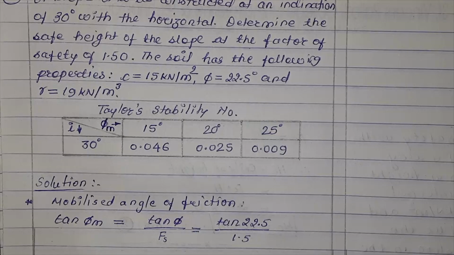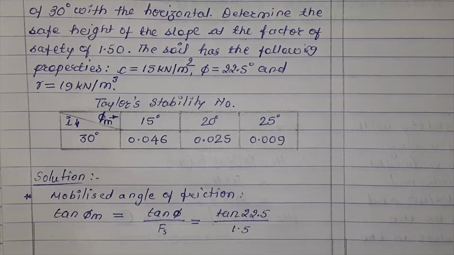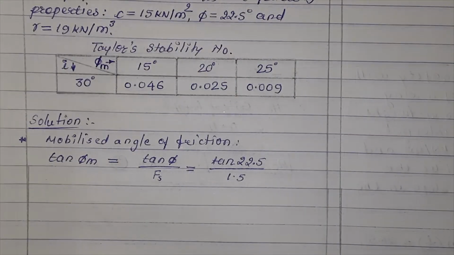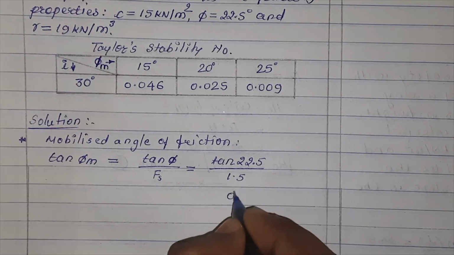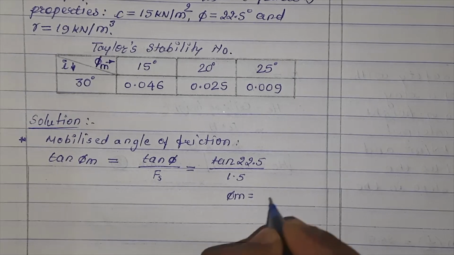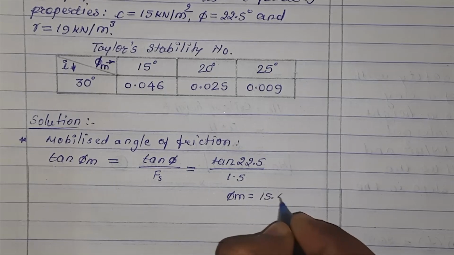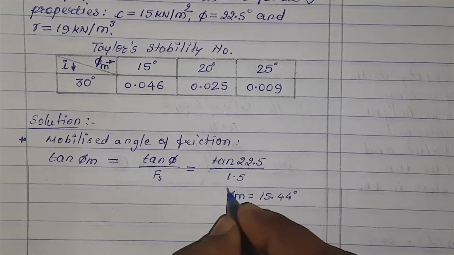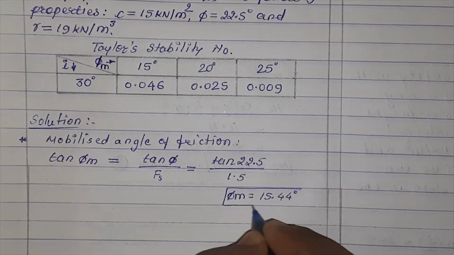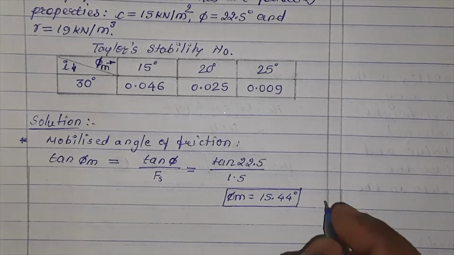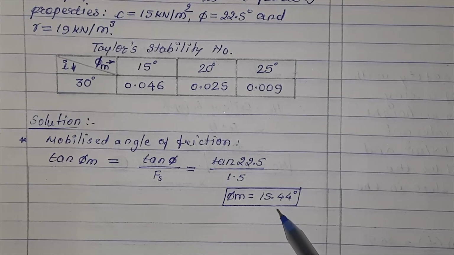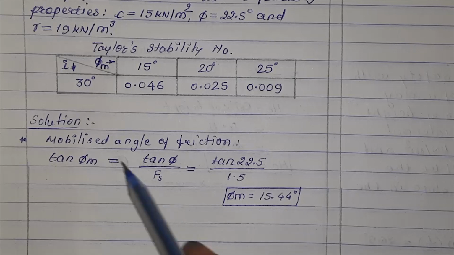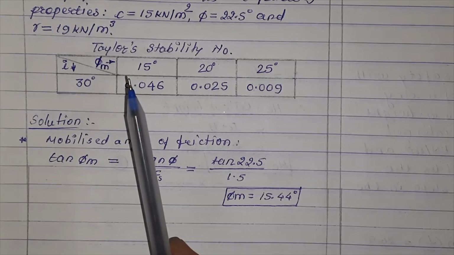Solving this, we will be getting value of phi m. Thus value of phi m comes out to be 15.44 degree. Now using this 15.44 degree value, we will find out the Taylor stability number.